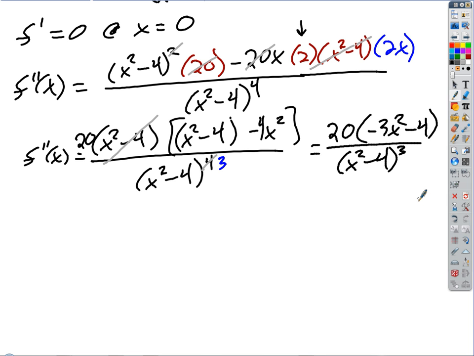Okay, so now critical numbers of the second derivative. Where is it undefined anywhere in its domain? Positive and negative 2, but once again, not in the domain, so you don't have to worry about those. What about the zeros? Might be easier to take that negative 1 out.